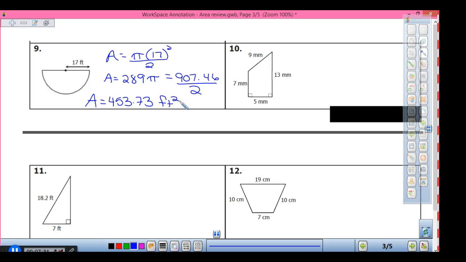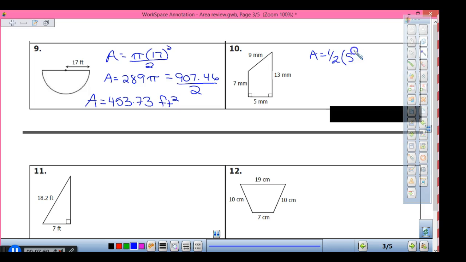All right, in number 10, what kind of figure do I have? I have a trapezoid. So what's my formula for a trapezoid? 1/2 times... My height is 5, right? Because my height is going to go in between my 2 parallel sides.